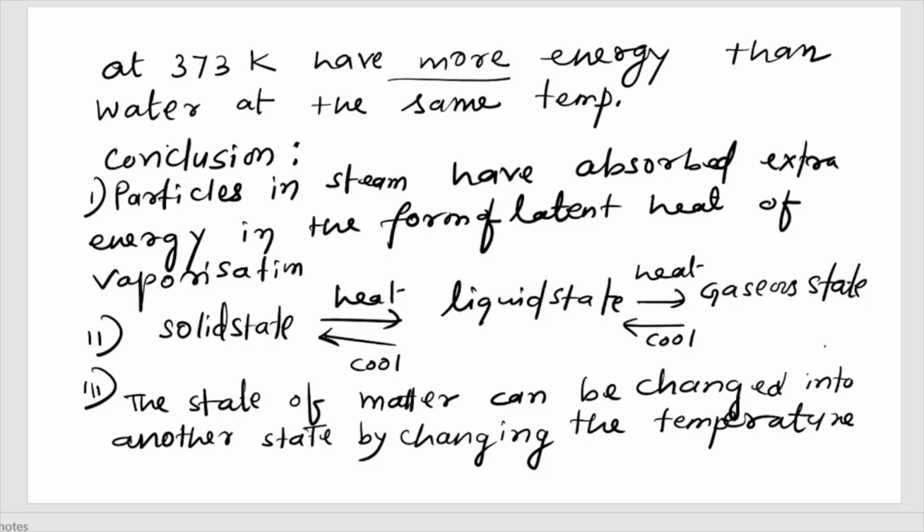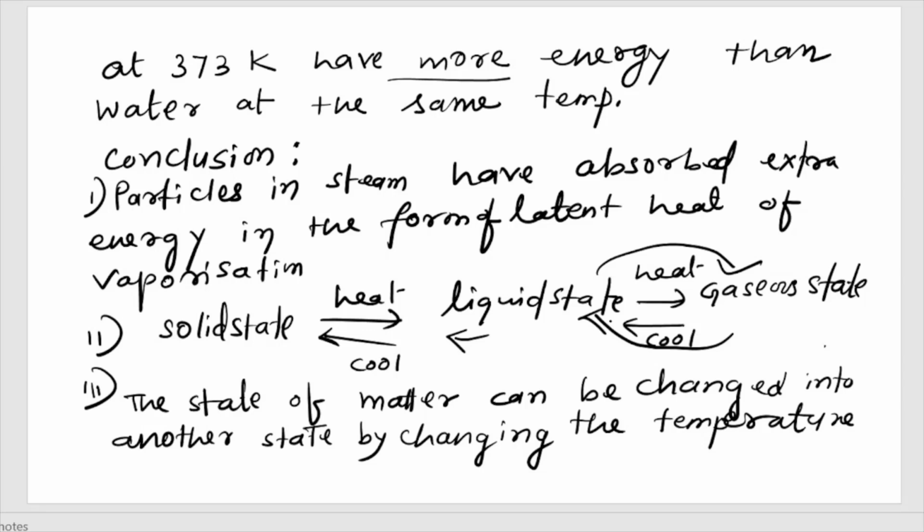It is absorbed. Solid state on heating gives liquid state. Liquid state on cooling gives the solid state. Similarly, liquid state on heating gives gaseous state, and gaseous state on cooling gives liquid state. Are you clear?